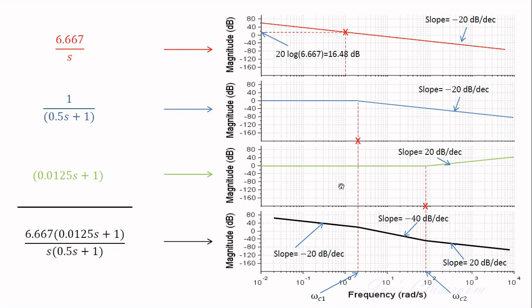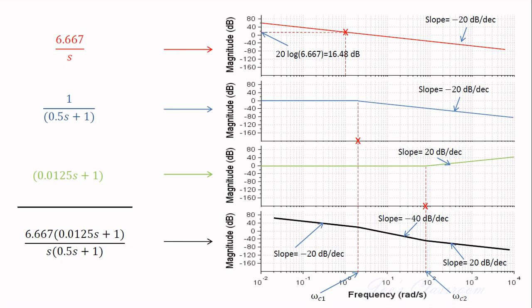In this method, you have to draw all these three Bode plots separately, and then you have to sum them up to get the final Bode plot. You can do it, there is nothing wrong.